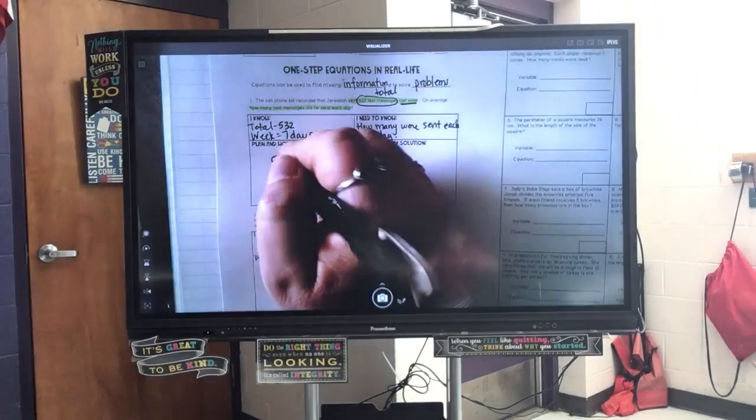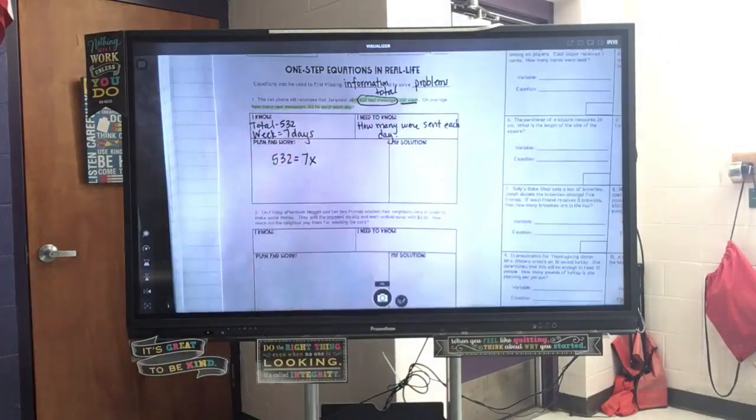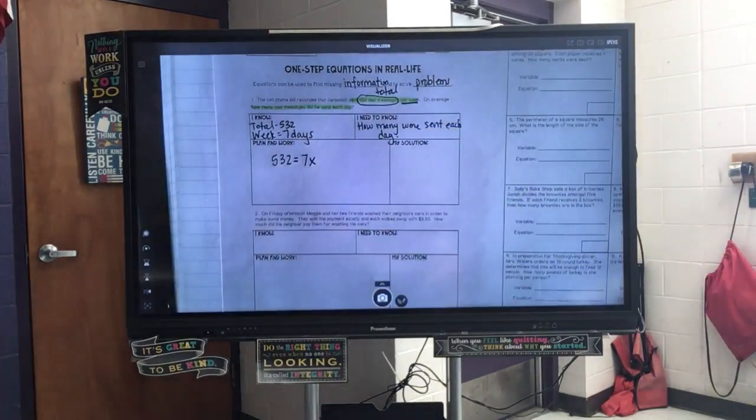Your equation is going to be 7x. You're multiplying 7 times whatever the number is per day, right? That will give us 532. So how do you solve this? What do you have to do? Aiden. You have to change the operation. Which will be what? Multiplication. I mean, it's actually division, because it's multiplication in the problem.